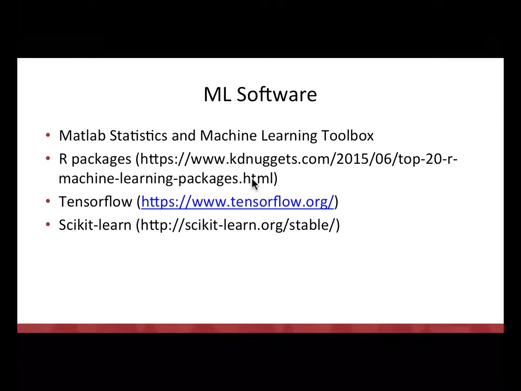Stata's released some machine learning stuff too. I'm sorry? Stata. Yes, just released some machine learning stuff. Yeah, actually, almost everybody is getting into machine learning. The new software development kit for the iPhone has machine learning algorithms in it. And so it's popping up everywhere.